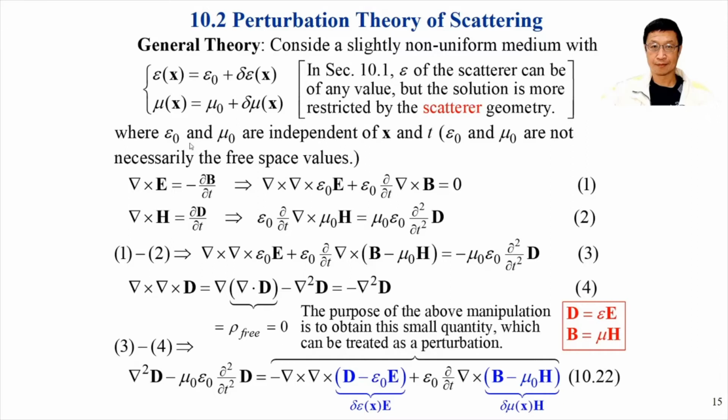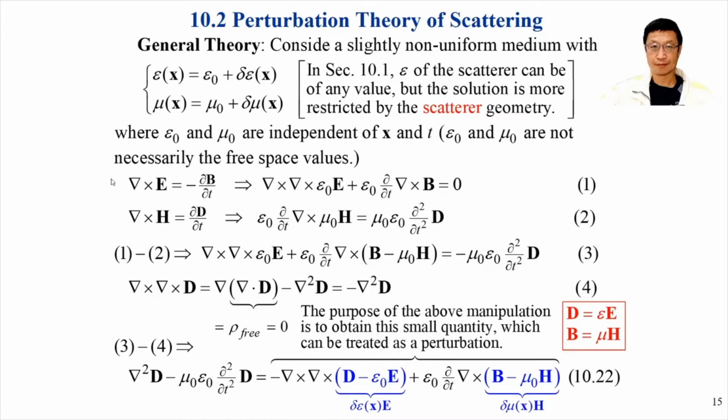Epsilon 0, mu 0 are independent of x and t. Epsilon 0 and mu 0 are not necessarily the free space value, but here we just use the free space value. Okay, first, let's consider Faraday's law. Changing magnetic field will induce electric field.